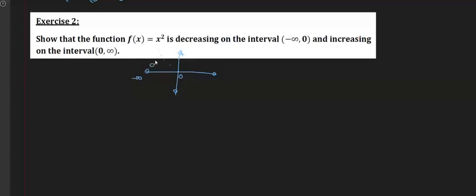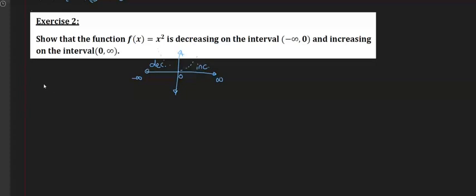Of course we know that it's decreasing, and from 0 to infinity it's increasing. Of course we know that it's increasing. We need to use the derivative to show this. So simply we are given the critical point, which is equal to 0, where the function is changing its behavior.